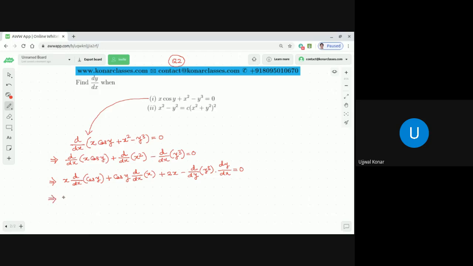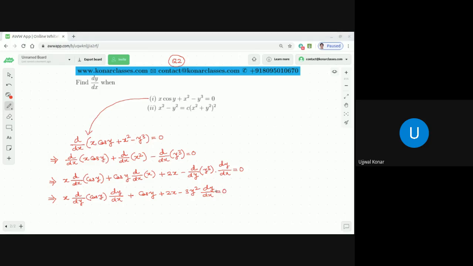Here also x into d/dy of cos y into dy/dx, plus d/dx of x is 1, so it should be simple cos y, plus 2x minus d/dy of y cubed should be 3y squared into dy/dx is equal to 0.